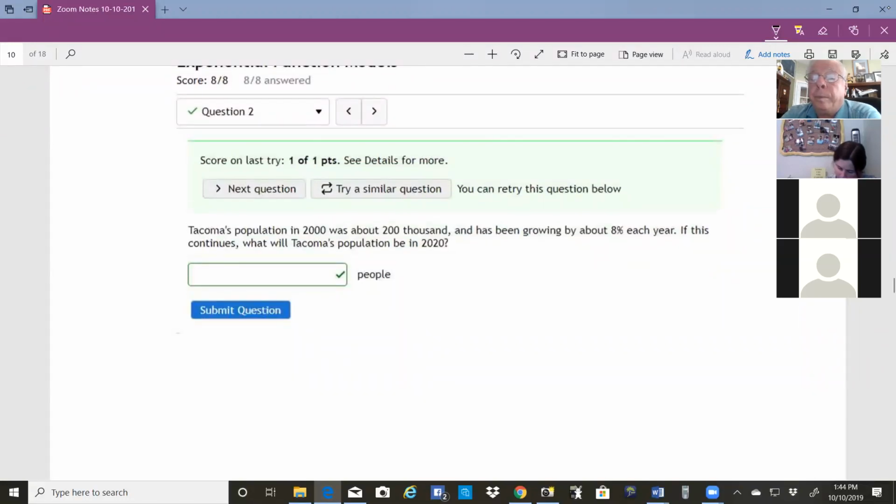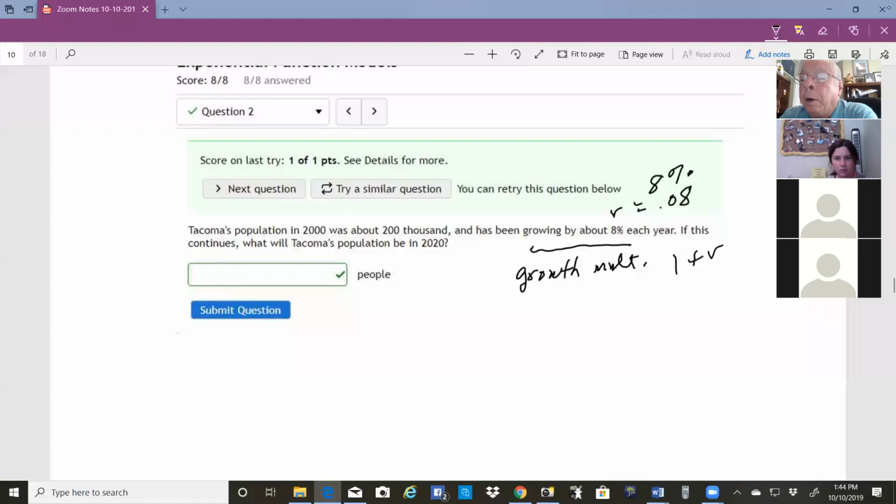Now, the growth rate of this population here is 8%. That means that r is 0.08. So what is the growth multiplier? Growth multiplier is 1 plus r, equal to 1.08.